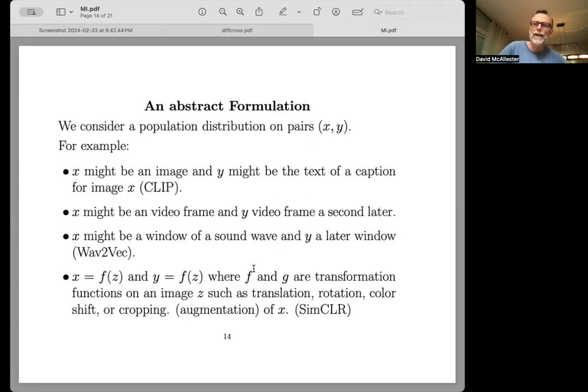It's worth noting that this is not just about text and images. This is really a general deep learning objective function. We talked about CLIP, where we have images and text, but consider a video. Suppose I want to take a video frame and then a video frame a second later. There's lots of mutual information: it might be the same people in that frame a second later, or the same room.